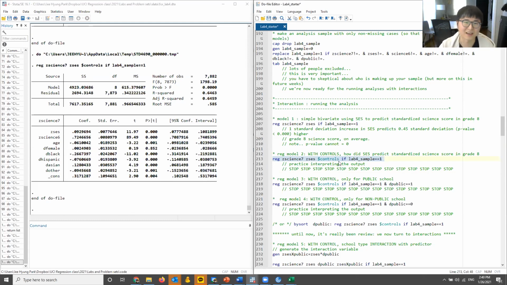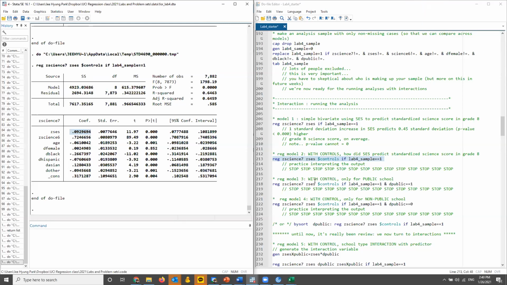Okay, but sorry, I've lost the thread. Can someone else who hasn't tried yet interpret this number for me? It tells you by how much the standardized score for 8th grade will go up by 1 unit of increase in the standardized SES score.